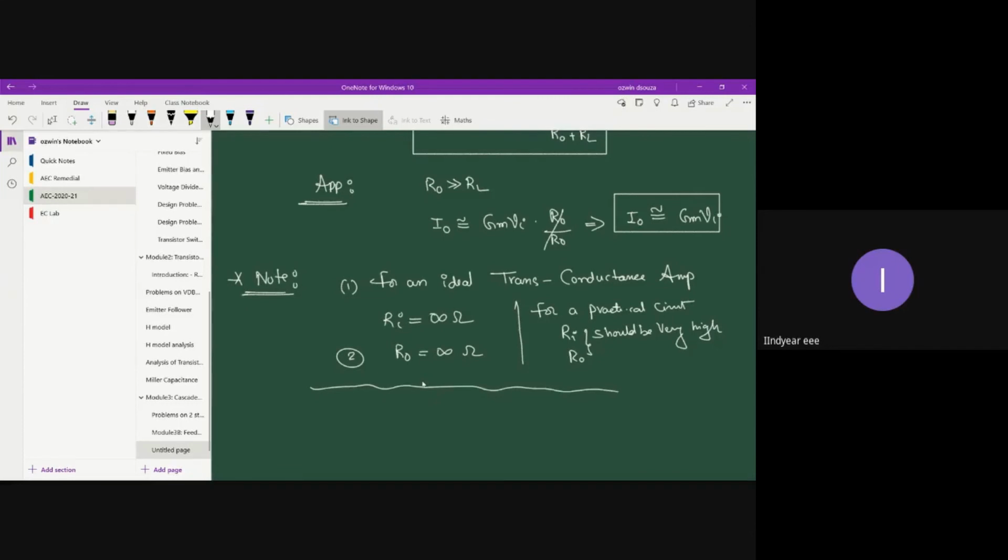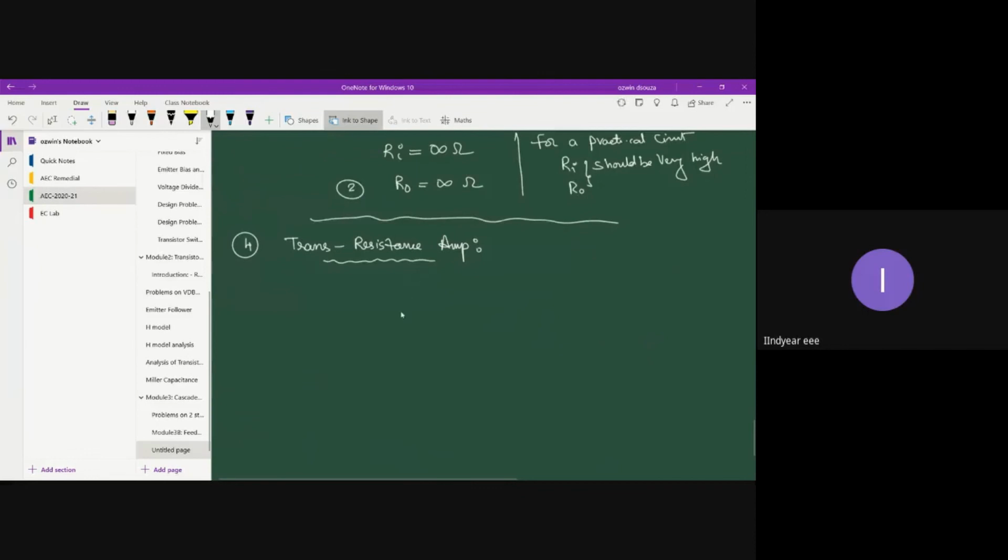Fine. So this is your transconductance amplifier, and finally you are left with the trans-resistance amplifier. In the case of the trans-resistance amplifier, the gain we shall take as Rm, because we are talking about the resistance gain. Resistance is the ratio of voltage to current.